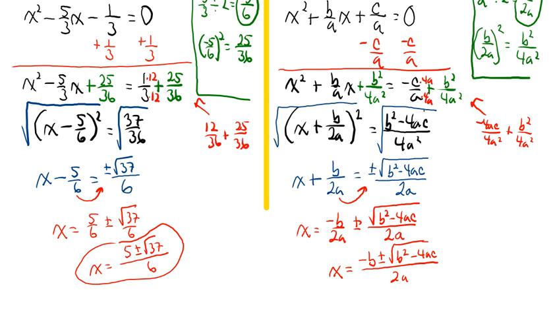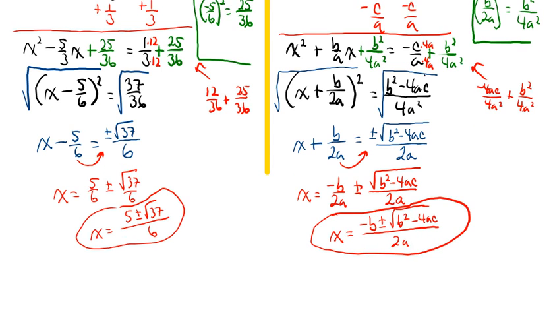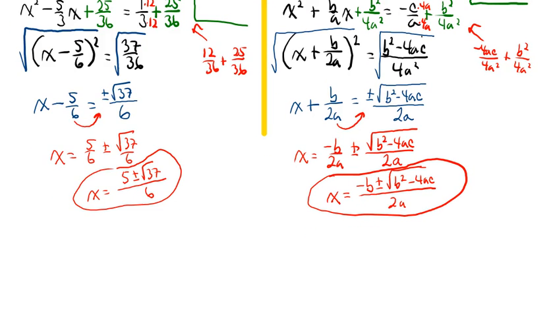And this is probably the second most important formula, or possibly even the most important formula you learn in high school math. The Pythagorean theorem is right up there, and this is called the quadratic formula. All right?